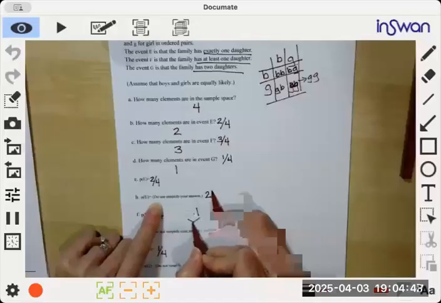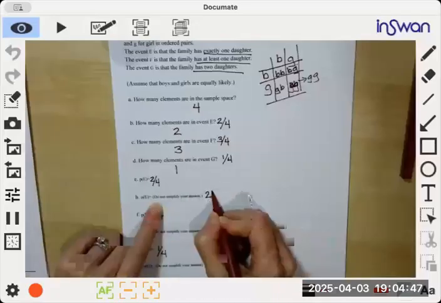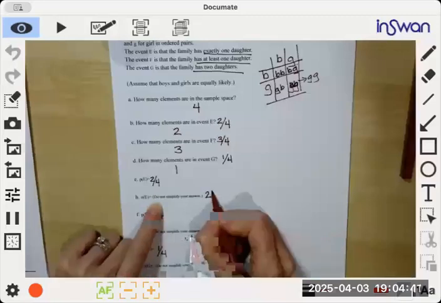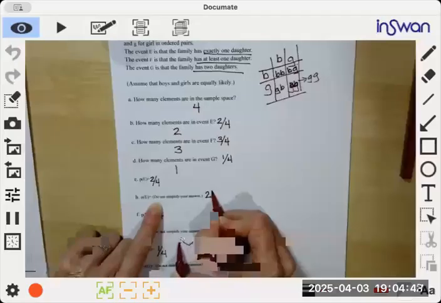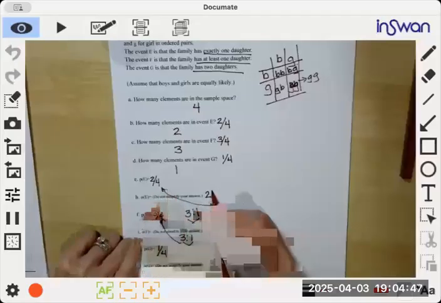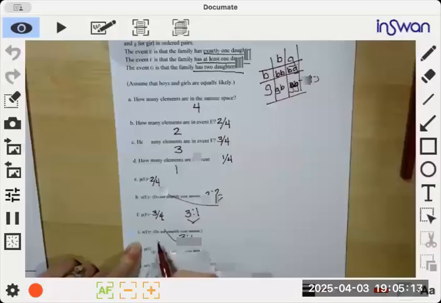Notice these 2 will always add up, down here, 3 to 1. But these 2 will always add up to that denominator, to that sample space. And the odds of G would be 1 way that it can happen, and we do 4 minus 1. So there's 3 ways that it cannot happen.